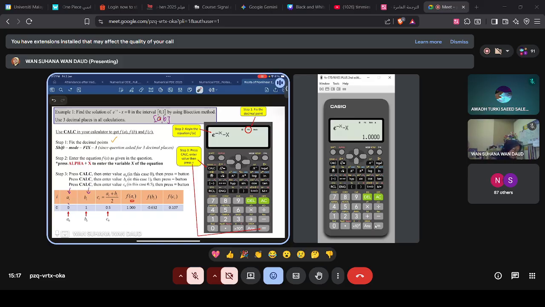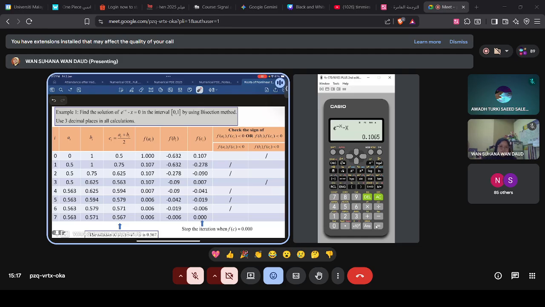Then CALC again, I press 1 and get negative 0.632. Then CALC again with 0.5, and I get negative 0.107. Here I forgot to fix the decimal point just now. It's supposed to be 3 decimal places, but now I use 4 decimal places, but it is no issue at all.